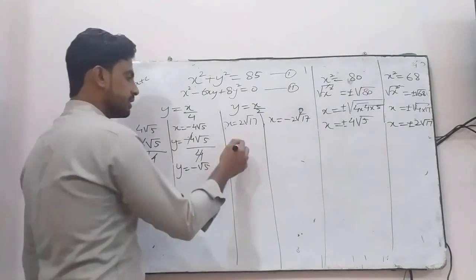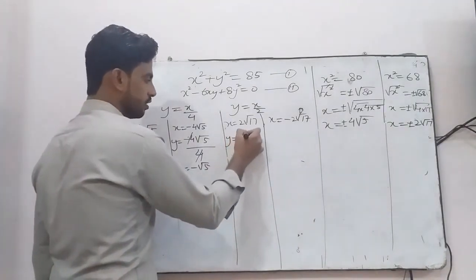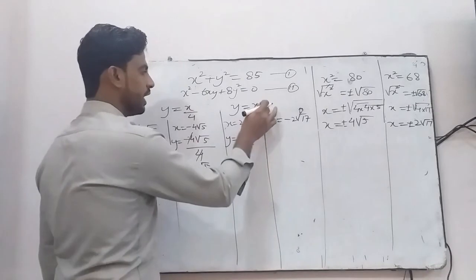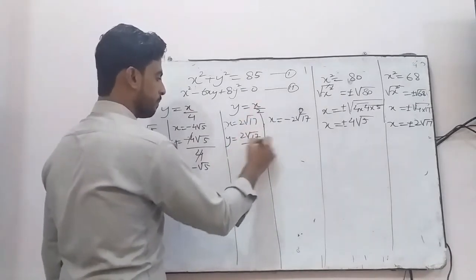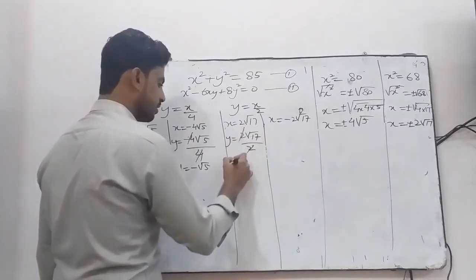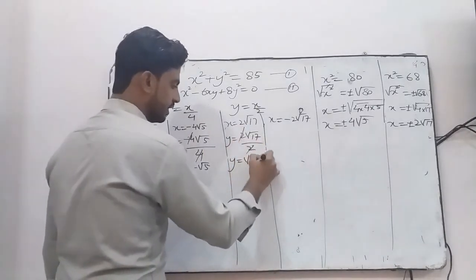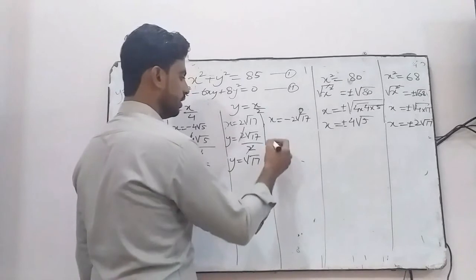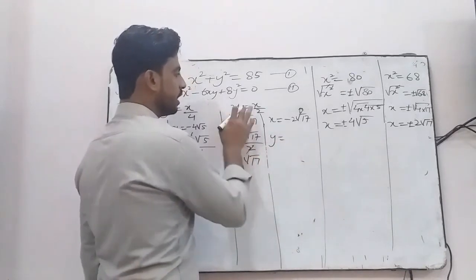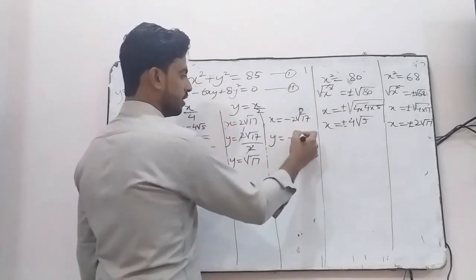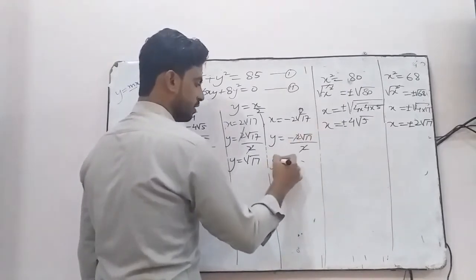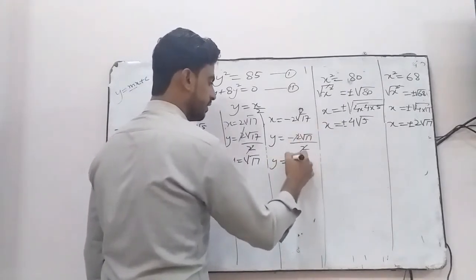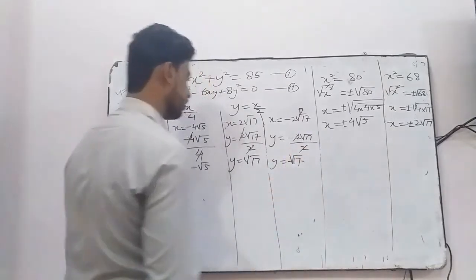From this system you can see our y is equal to x upon 2, but x is 2√17. So the 2 cancels, y is just positive √17. Here y is x upon 2, but x is negative 2√17 divided by 2. So y is equal to negative √17.